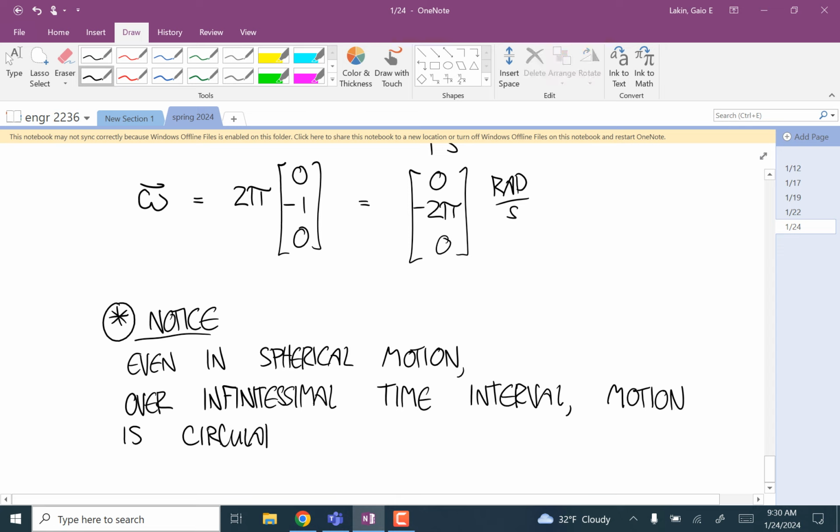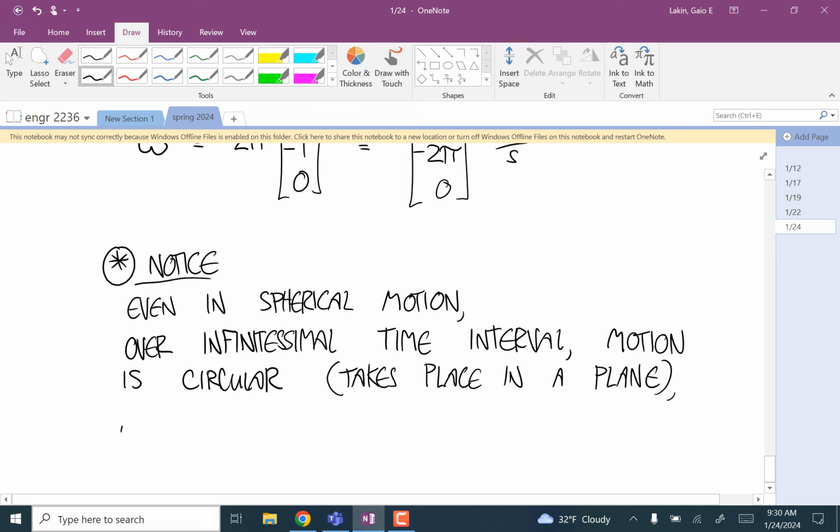And by that I mean takes place in a single plane. And the meaning of the direction is still the same as in circular motion.